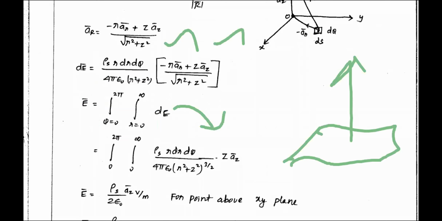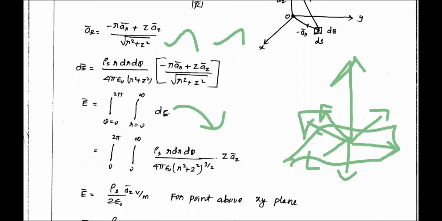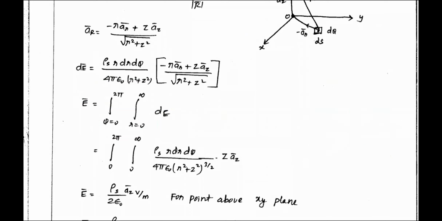They are giving a_R vector, which is radially outwards. But I told you clearly, only you will get a perpendicular vector. That means even if you work out, your answer will be 0. Yesterday also I gave you an exercise like this. The answer will be 0, but I don't know how many of you did that or not.